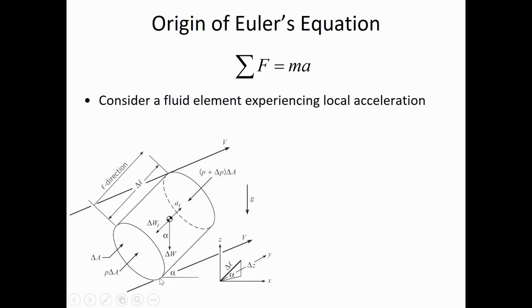And the origin of Euler's equation is just the idea that the sum of the forces is equal to the mass of a fluid element multiplied by the acceleration that it experiences. And so consider here a cylindrical element of water that's being accelerated in the L direction.